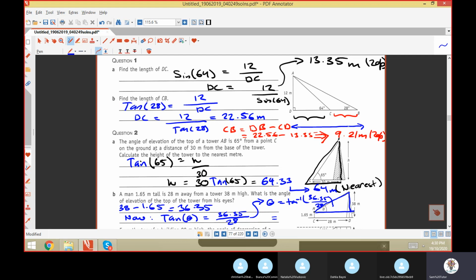I worked out DB, I'm assuming. Okay. So DB is the big distance, and because we already found this distance, you just do the subtraction. So what's wrong? Answer's not right? No, I think it was right. So I got 22.56. Yep. And the first one I think I got 5.85.